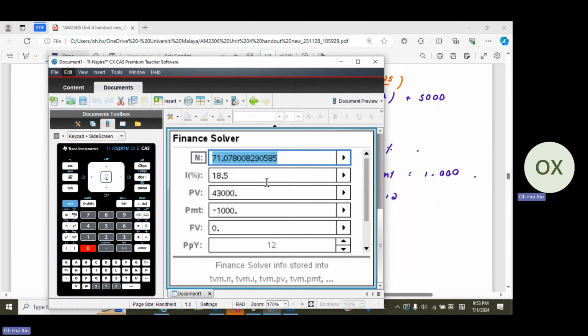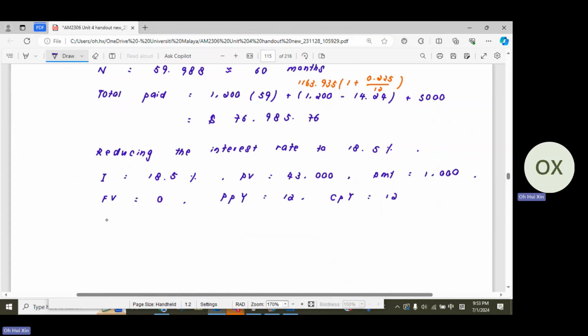For the second option, you will need 71.08 for your n, and it will be up to 72 months. Same thing, this value is not exactly 72, so you know there's supposed to be a final payment that you will need to find.